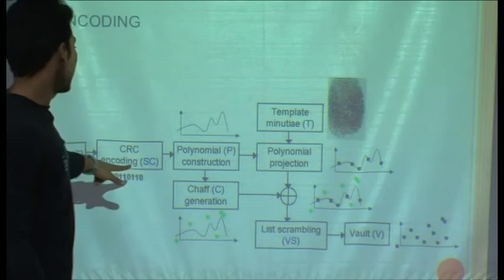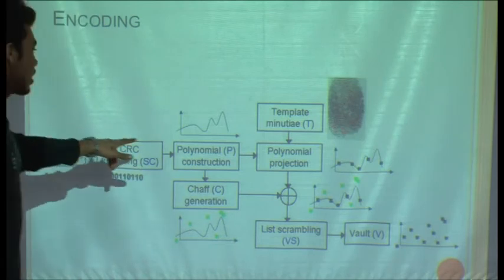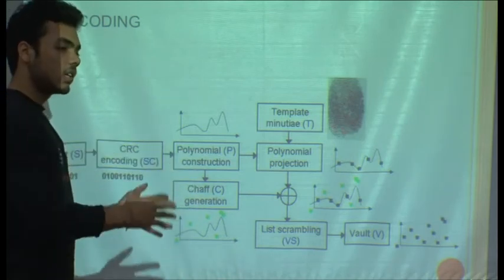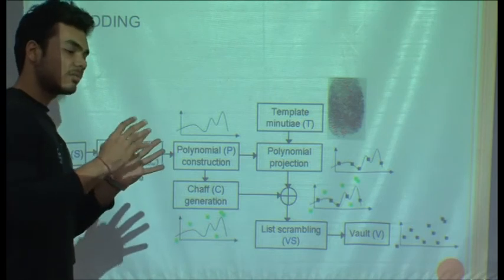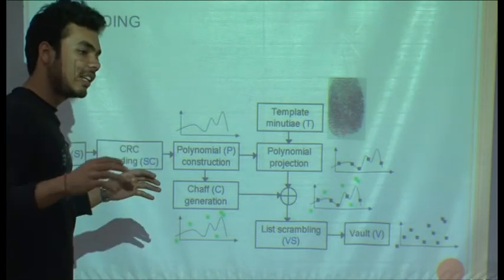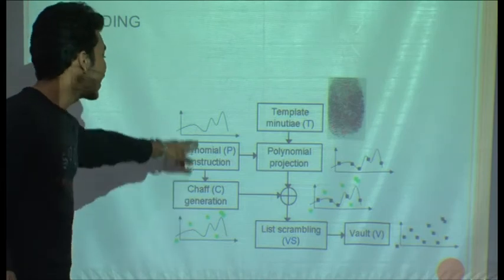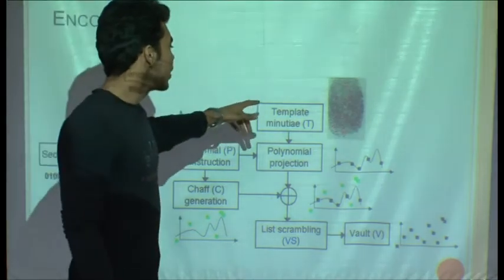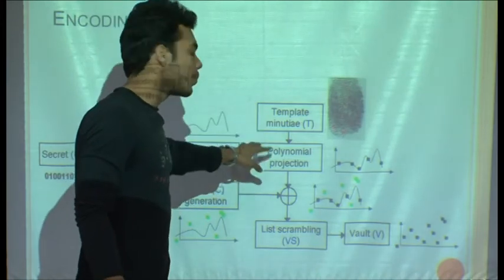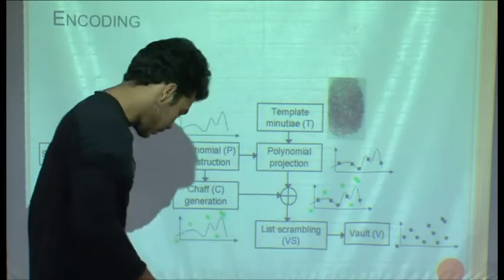Using this secret key plus the CRC bits, we construct a polynomial by dividing the whole big key into small shreds of 8 bits. Then we add some false points, and using the initial template the user gave, we create some points in the system, and that we store.